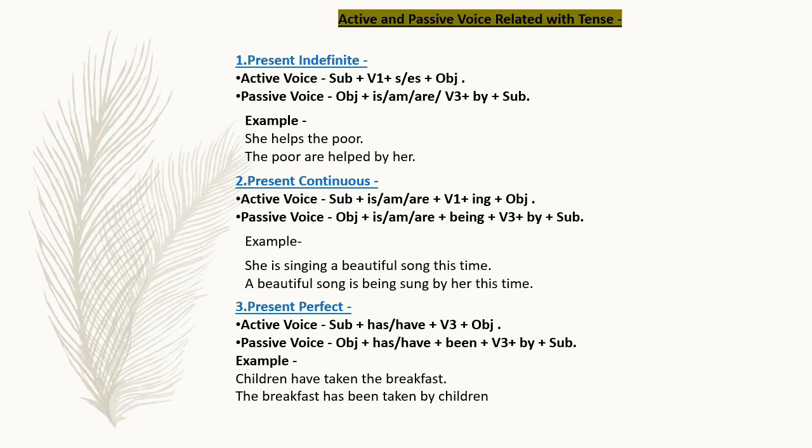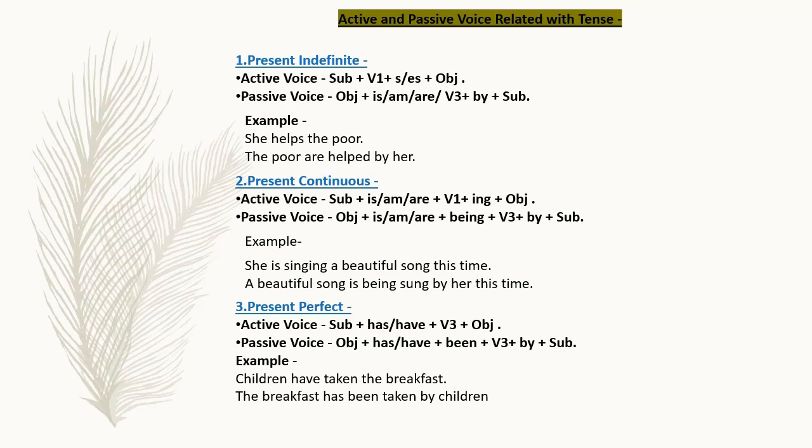Active voice is, as I told you, the basic structures of all the tenses that we have covered in our previous video of tenses, that you must keep in mind. Once you have gone through the video of tenses, I know that you will definitely be able to identify the structure.